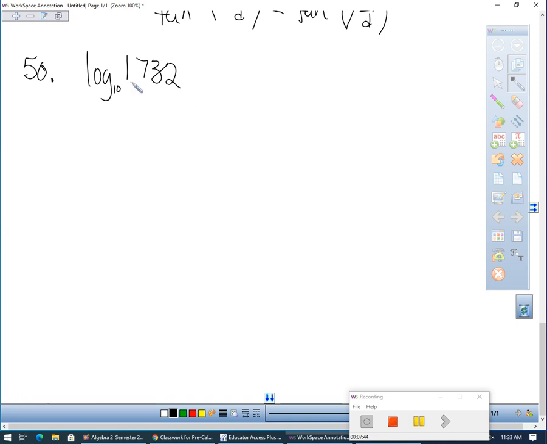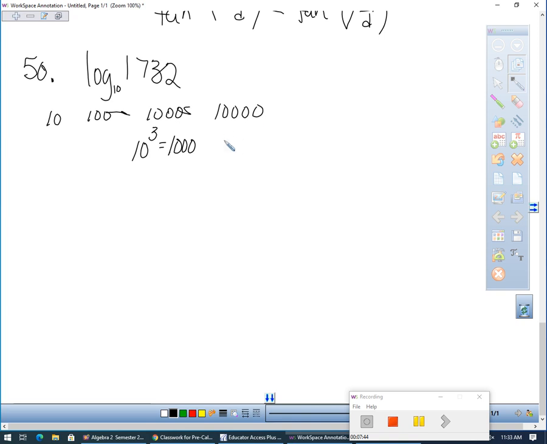When you talk about base 10, you go 10, there's 100, there's 1,000, and there's 10,000, right? This is 10 to the first, 10 to the second, 10 to the third, and 10 to the fourth. When you're writing a log, we know that 10 to the third is equal to 1,000 when you do the inverse of this, right?